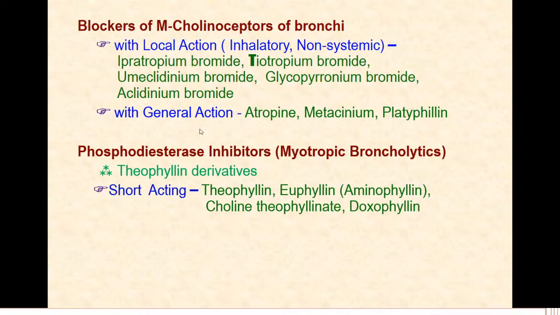What side effects? For example, hypersalivation, tachycardia, increase of secretion of gastric juice with hydrochloric acid, stimulation of peristalsis of GIT, and so on, and so on.